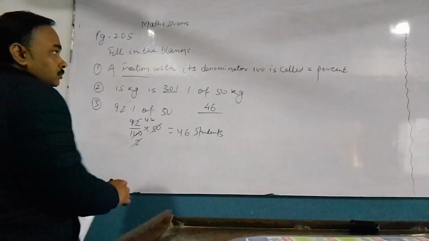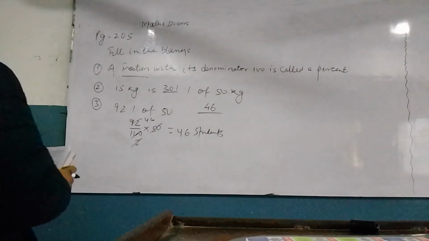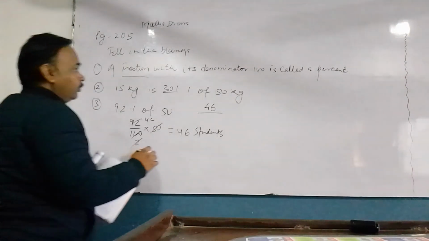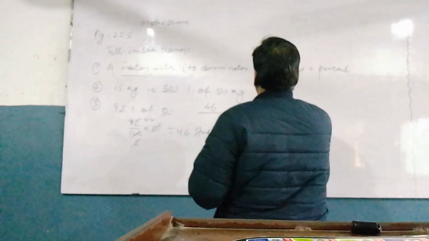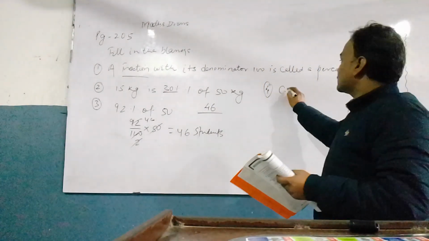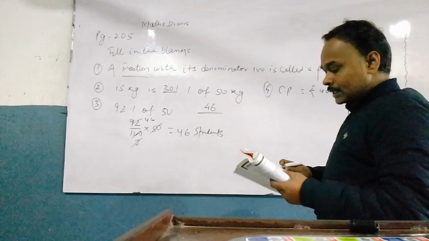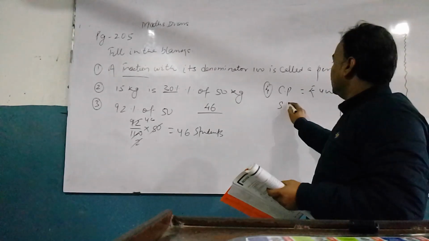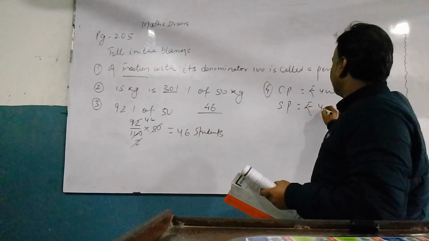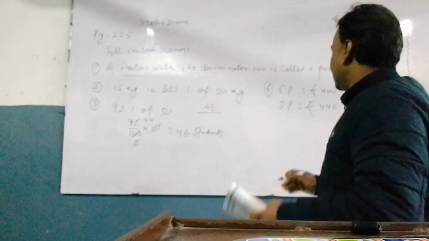Question number 4. See question number 4. Rohini bought a bedsheet for rupees 400, means cost price of the bedsheet is rupees 400, and sold it for rupees 440, means selling price is given here as 440. Then her dash percent is dash.